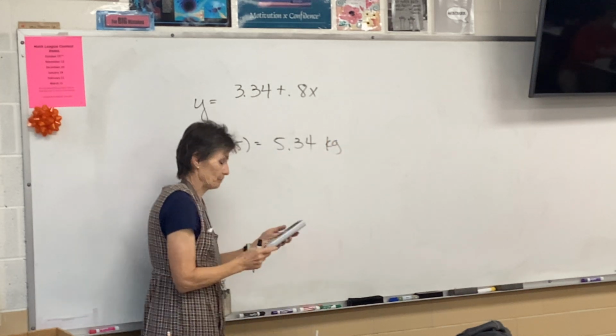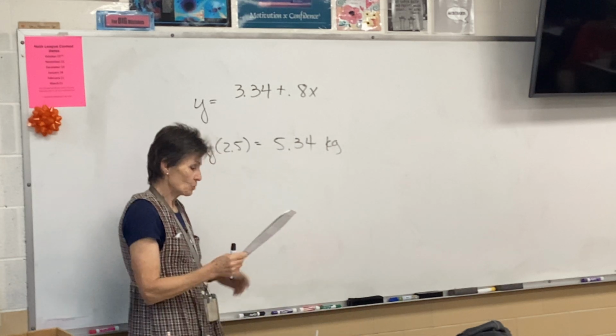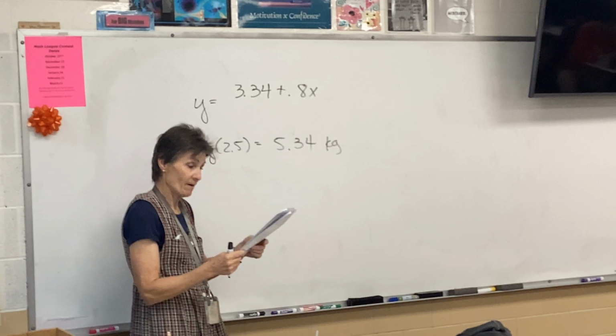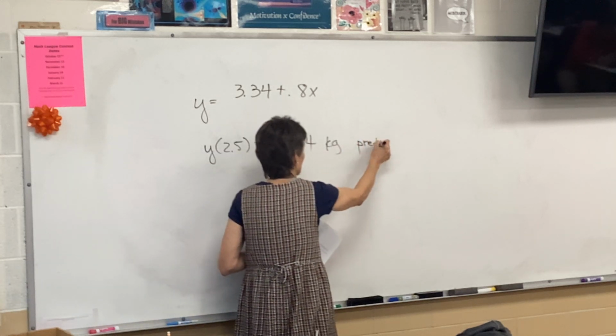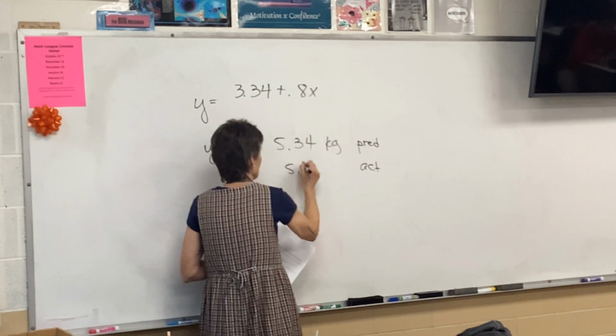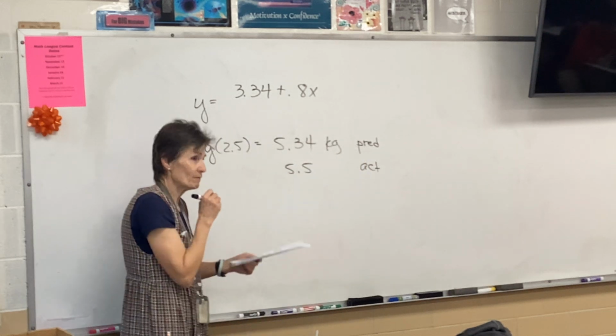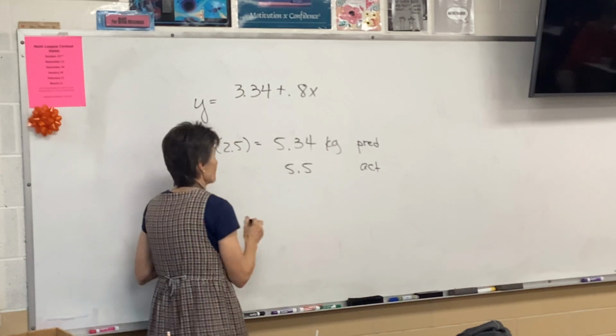The actual weight of the baby was 5.5 kilograms. So remember, this is your predicted. The actual was 5.5. How do we find the residual? What's our little formula? Actual minus predicted.